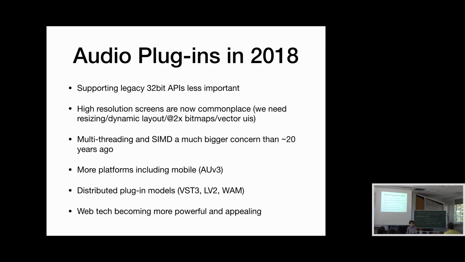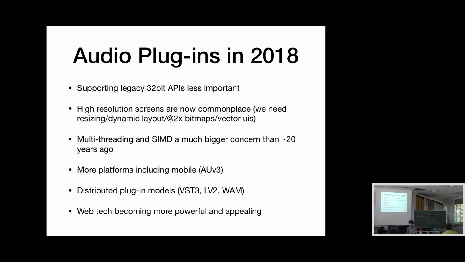The threading models are a bit different because of the way that chips have changed. We've got parallelized plugins, and multi-threading is a much bigger concern. There's also a kind of switch to mobile platforms, and we've got this Audio Unit version 3 format, which is getting quite popular on iOS.